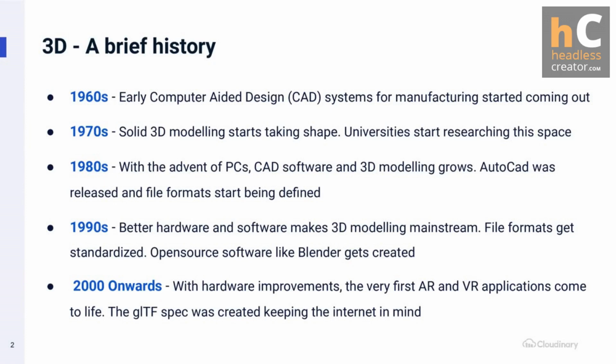So at that point in time, they started figuring out what these file formats would be, so people could exchange the 3D models and work on them. Then in the 90s, with more hardware, it became a little more mainstream. That is when the standardization of 3D file formats started, because not just AutoCAD, there were many other modeling software out there, and you had to exchange what you did.